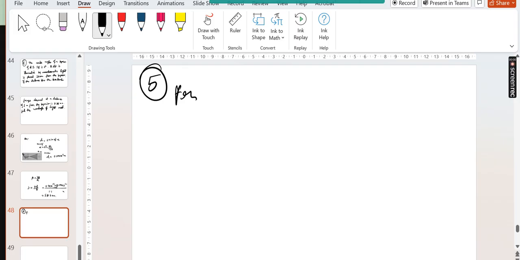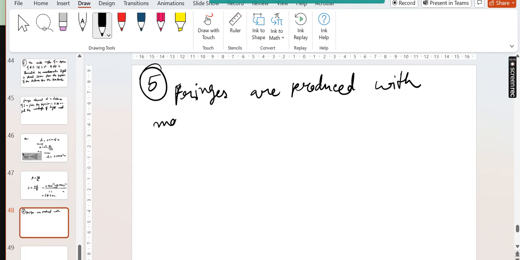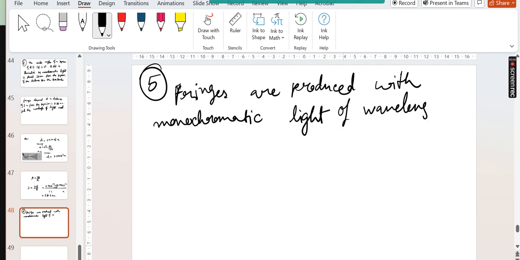Fringes are produced with monochromatic light of wavelength 689 nanometer.